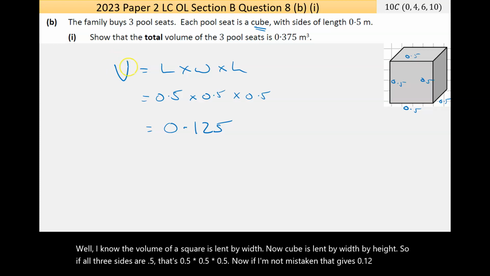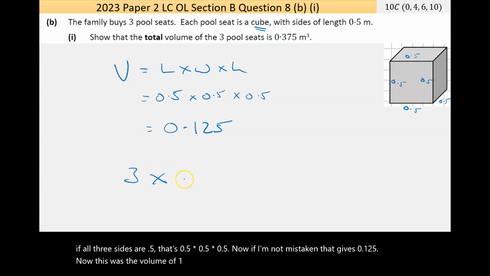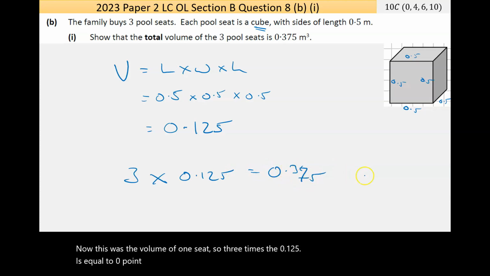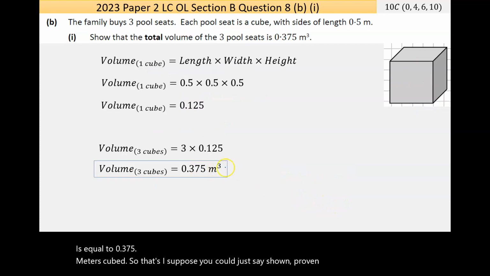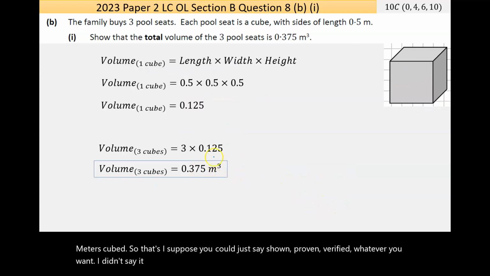Now, this was the volume of 1 seat, so 3 times the 0.125 is equal to 0.375 meters cubed. So you could just say shown, proven, verified, whatever you want. I didn't say it there on my answer here, but whatever.